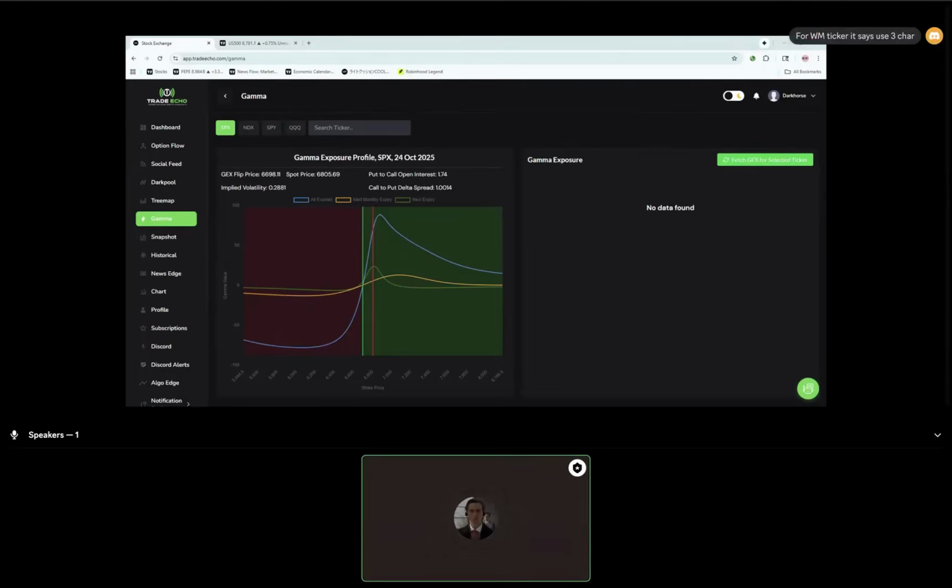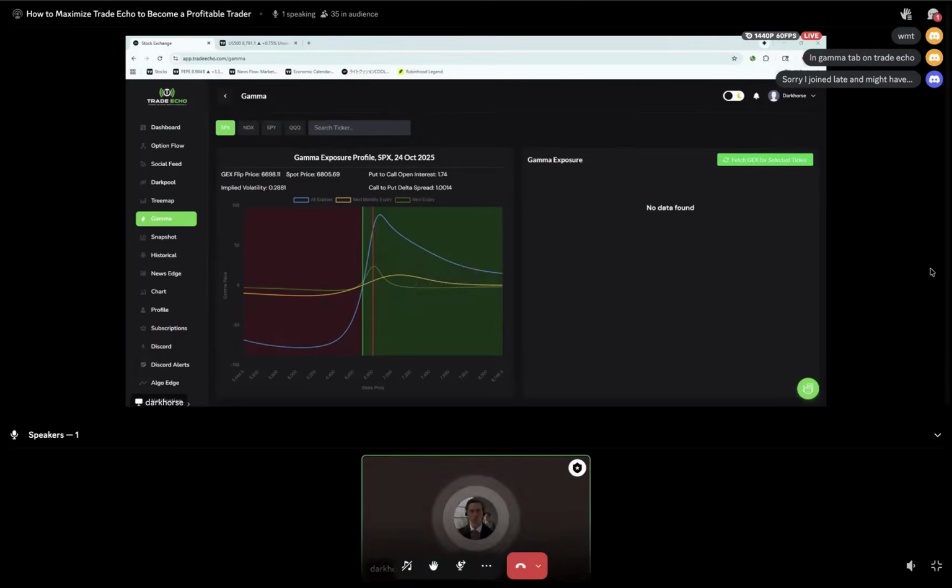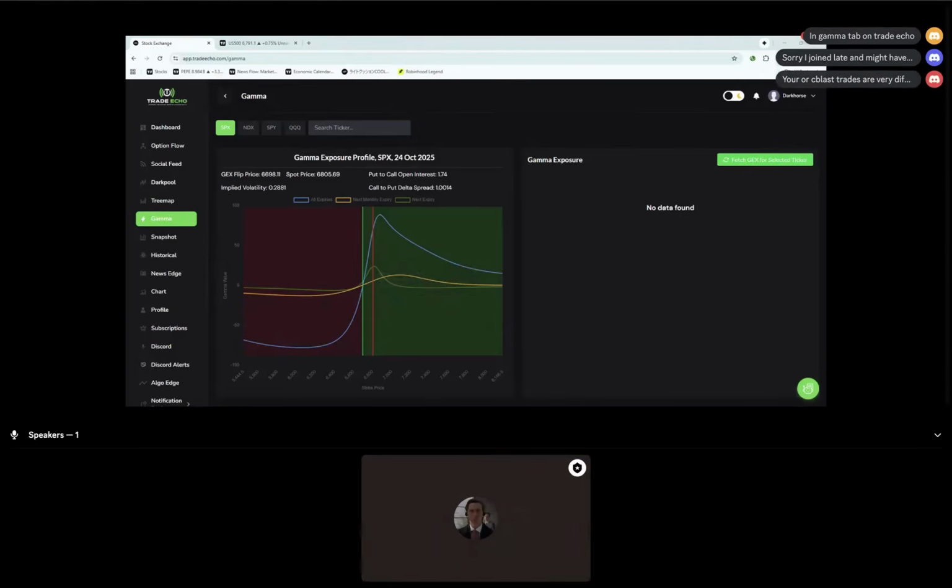For the Walmart ticker, it says use 3 characters. Let's see. Yeah, the Gamma tab is on Trade Echo. It's right here. I think next week he's going to be rolling out the... Oh, there you go, LWG.